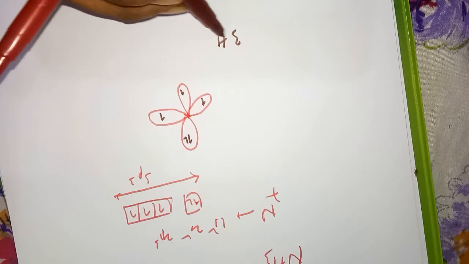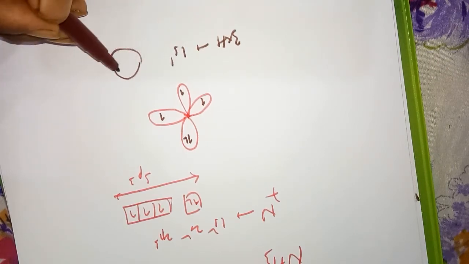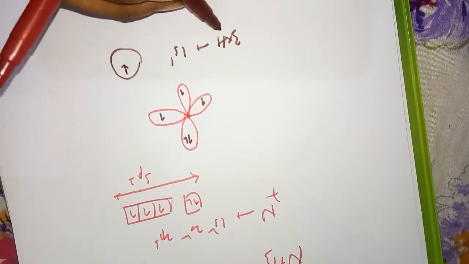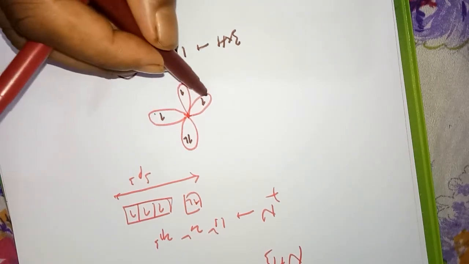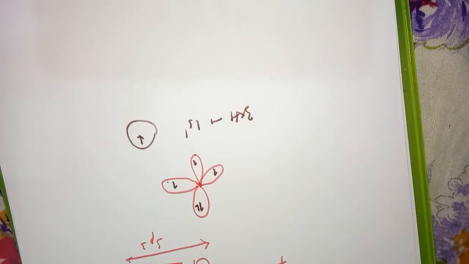How many hydrogens are there? 3 hydrogens, means 1s1. It will be again circular. If we draw it like that, 3 hydrogens occupy 1, 2, 3 because this is already filled. So the final structure is like that.